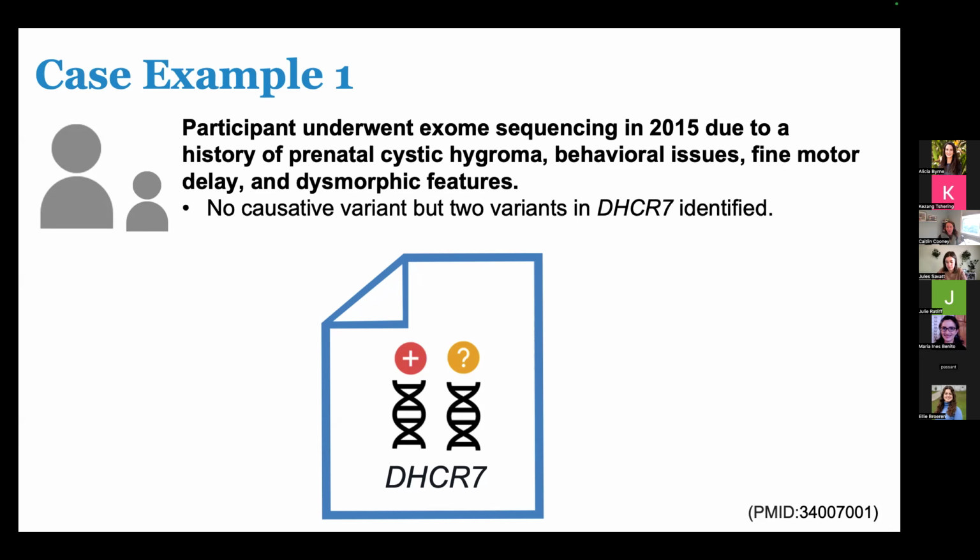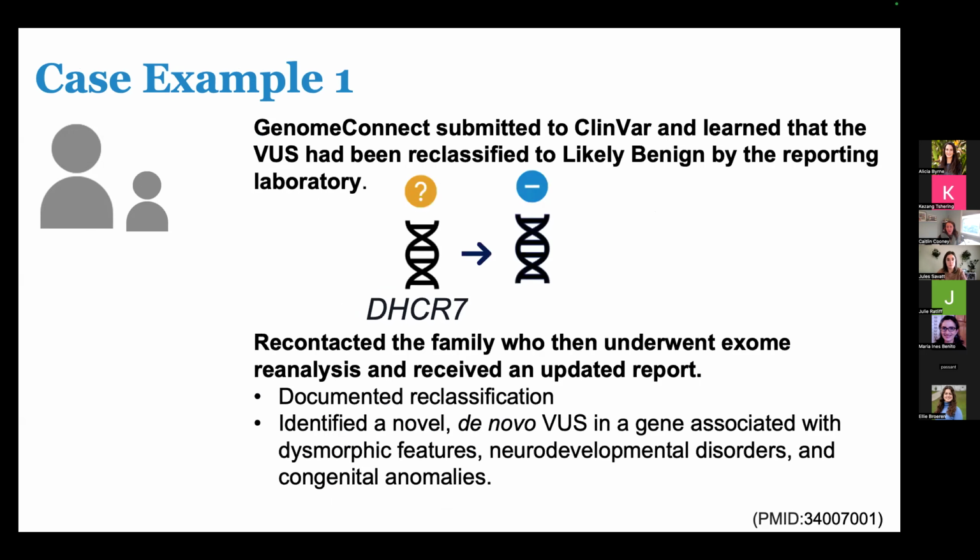We went ahead and we shared this information with ClinVar. When we shared this information with ClinVar, we saw that that VUS had been reclassified to likely benign by the reporting laboratory. So we reached out to the laboratory, confirmed, yes, likely benign. We recontacted the family to say, hey, this has been reclassified.